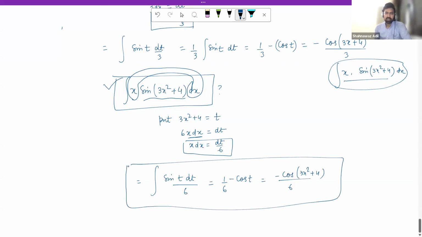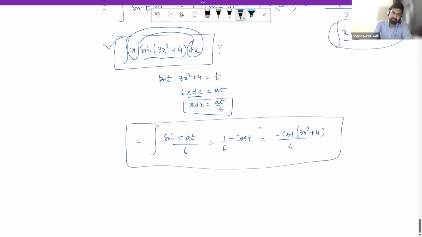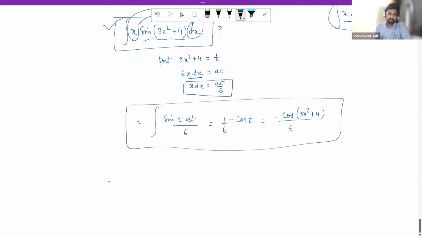And there is a product rule that is there, right? And what is the product rule? It says that if you want to integrate two functions, 1 and 2, you take out the first and the integration of the second.